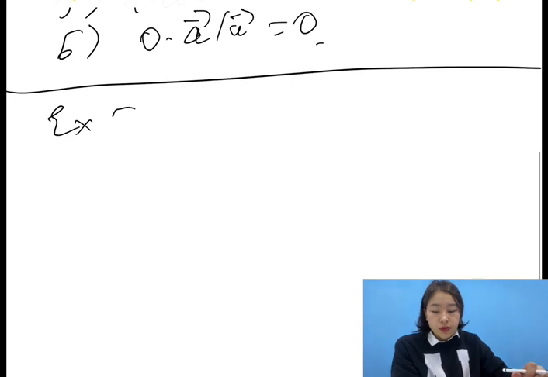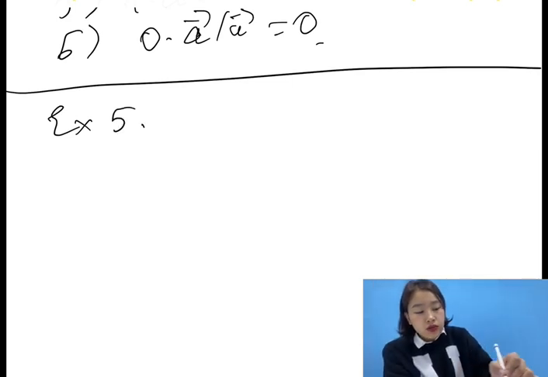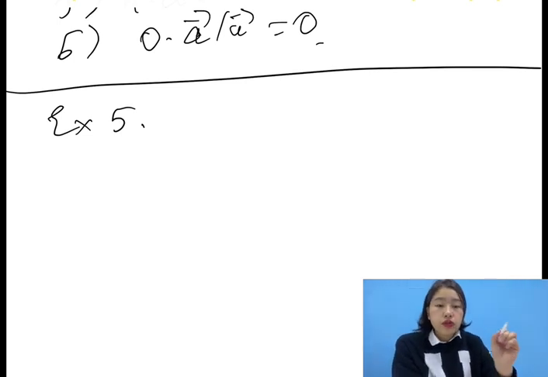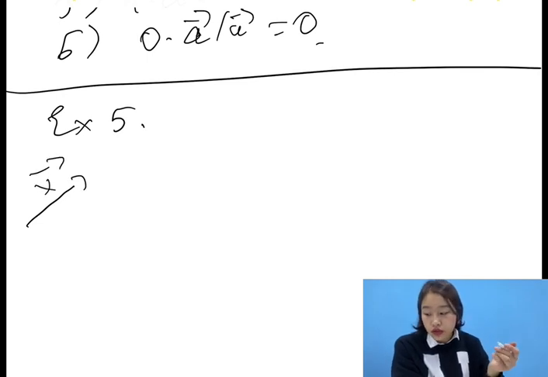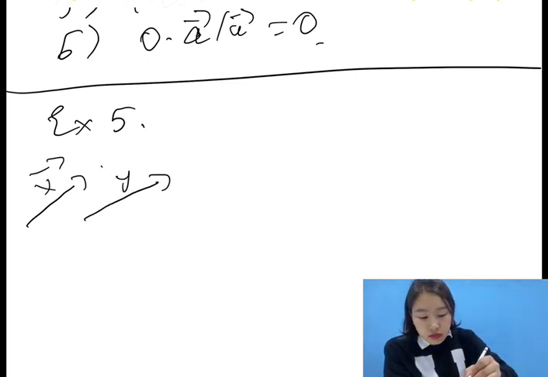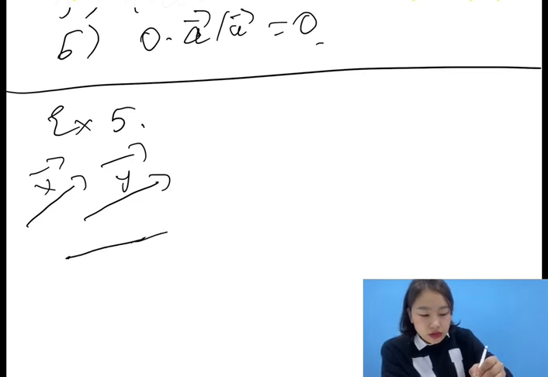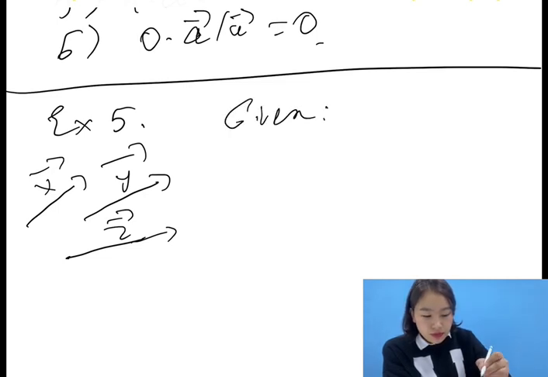So let's practice with another example, example 5. You need to find the solution, the answer, and draw it with the other vectors. We had vector x here, we had vector y here, and the z vector here.